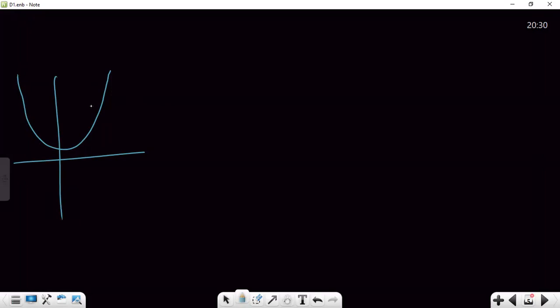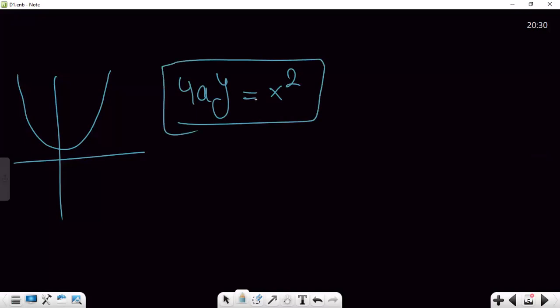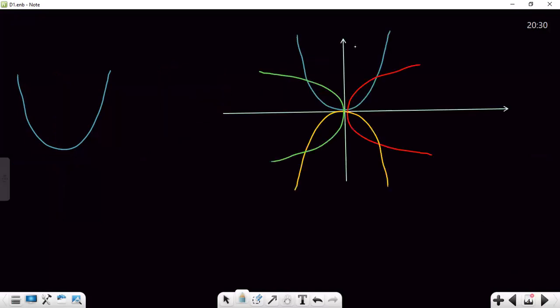It means y can never be negative here. So the degree of y will be 1, and x can be negative or positive. The equation for this parabola is x square is equal to 4ay. y is always positive.